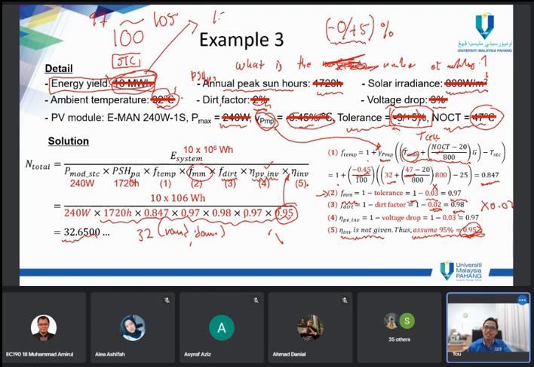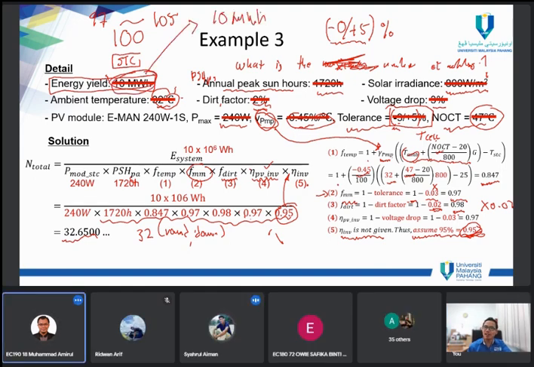Why? Because this is the third design sir tadi. If we decide to use 32, 32.65 is the rated one for the 10 megawatt hours. If we round it down, we get 32. Can we get the 10 megawatt hour?